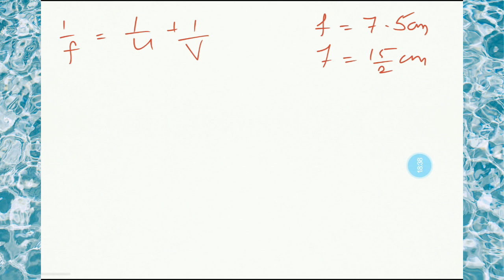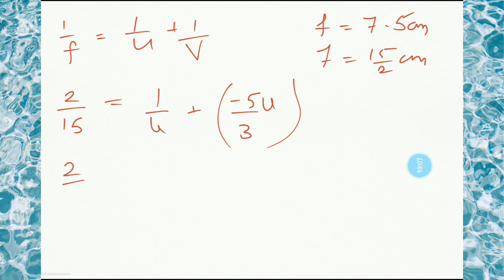So 1 by f is nothing but 2 by 15. Just flip that and write. It is equal to 1 by u plus 1 by v. What is 1 by v? The v value we got is minus 3 u by 5, so 1 by v, I will shift it upwards, is minus 5 by 3u. Understood? So this will be shifted in this way.